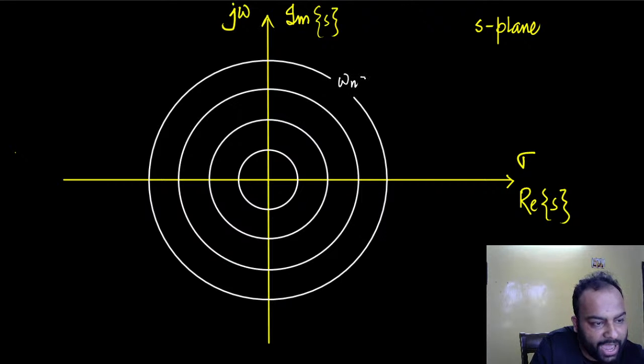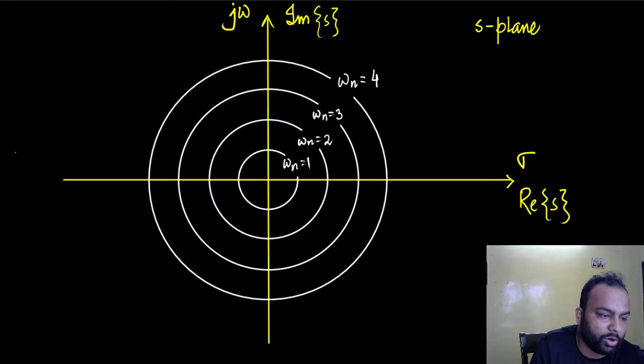If we have pole pairs here, say omega n would be equal to 4. If we have pole pairs on this curve, omega n would be something like 3. If I have pole pairs on this, omega n is going to be equal to 2. If I have pole pairs here, say omega n is going to be equal to 1.